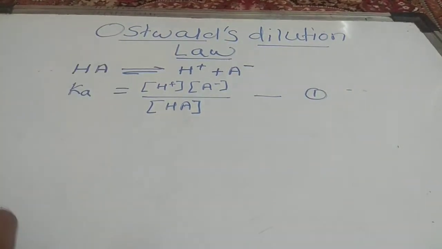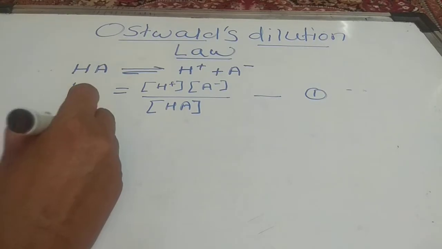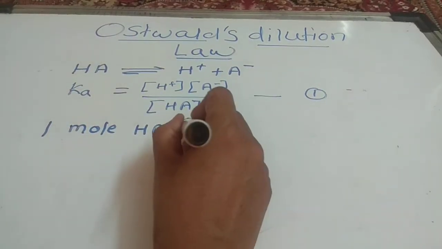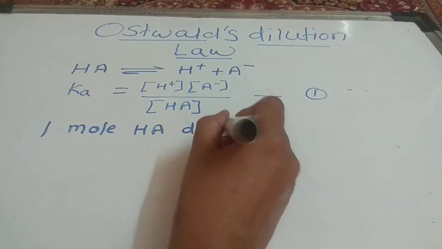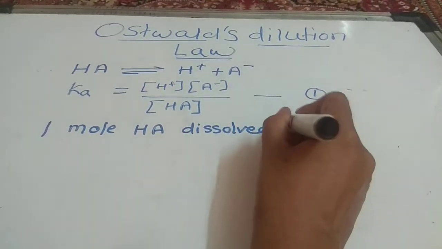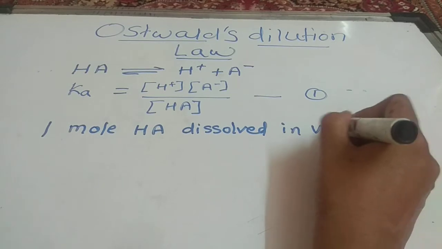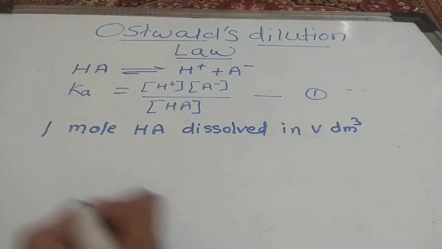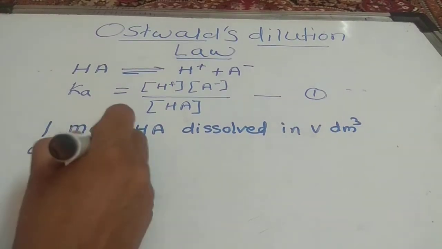Then initially 1 mole of HA is dissolved in V liter of solution, or dm3. We can write dm3 or liter. V dm3 of solution.